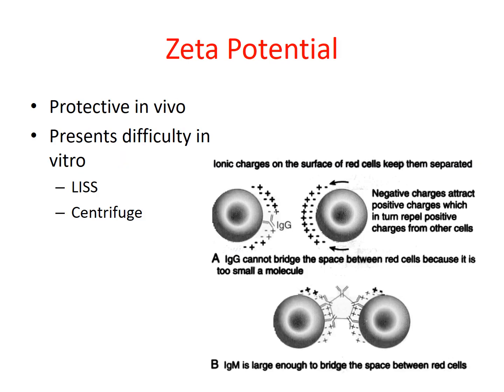Now, some other little points as to what's going on in your tubes in vitro is something called zeta potential. Zeta potential is a phenomenon that actually occurs around the red cell that's protective in vivo. It keeps our red cells from sticking together in our vessels unless they're clumped for some reason.